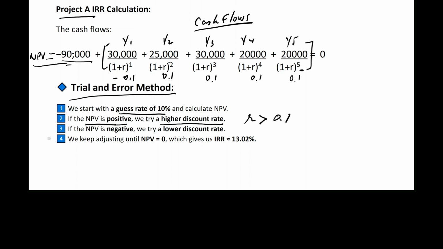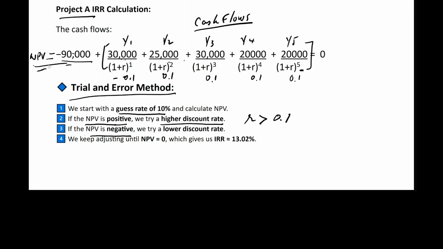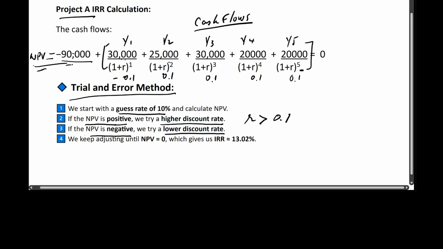If, on the other hand, you get a negative NPV when you use the 10%, that means the present value of all your cash flow is less than your initial investment. You're going to use a lower discount rate, which is less than 0.1. That's the way you're going to adjust it. In this case, for project A, we found that IRR is going to equal 13.02. I'm going to show you that.